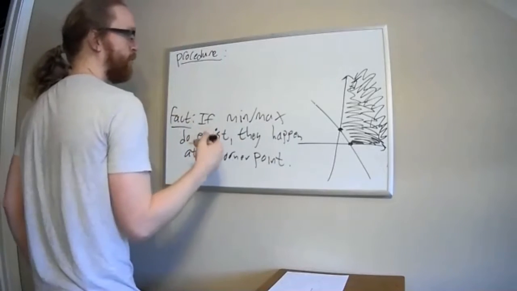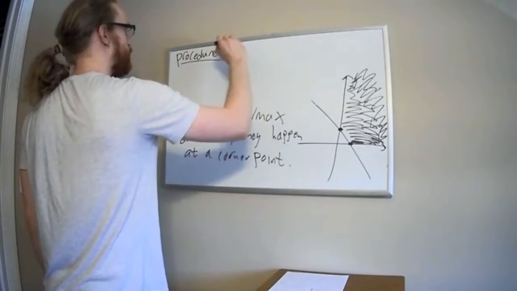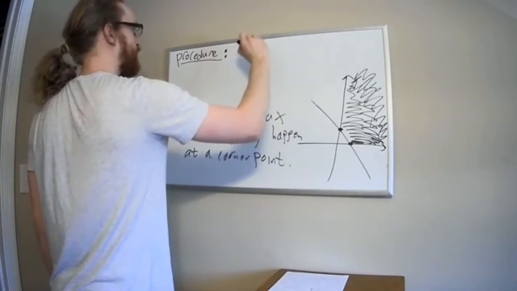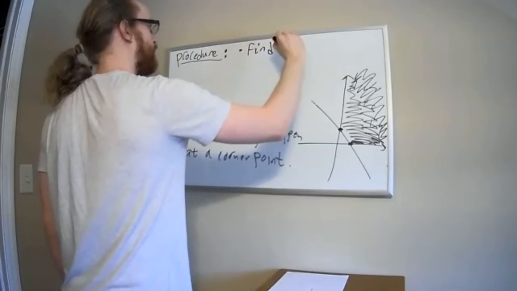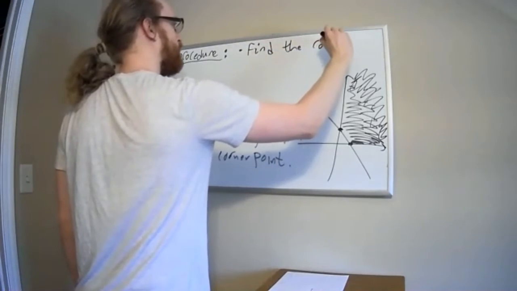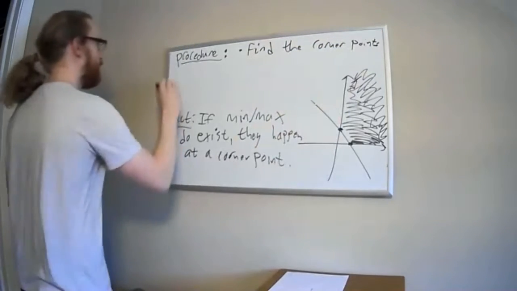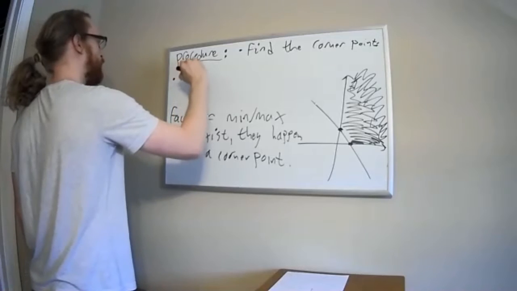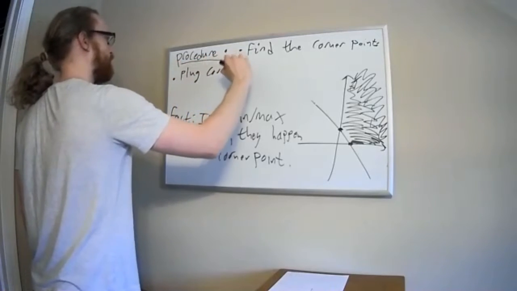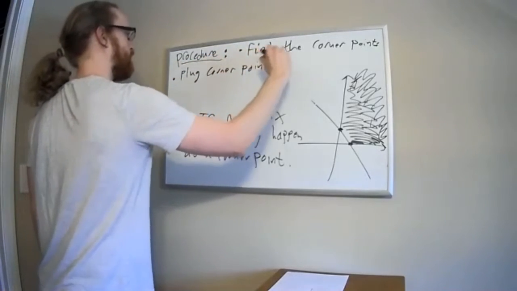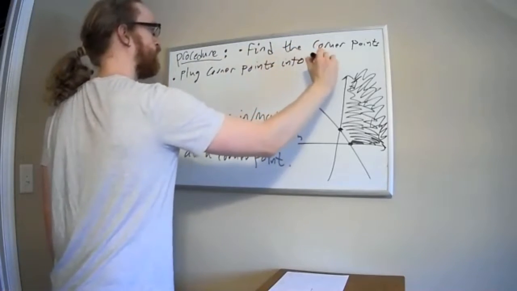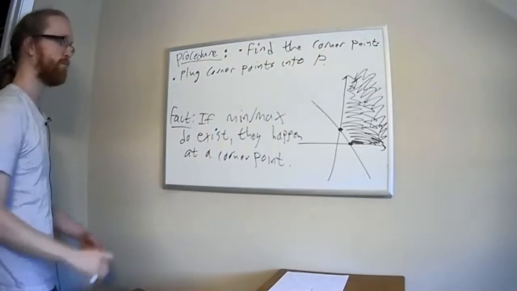No matter what, we still have to graph the constraints and then find the corner points. And I still need to plug the corner points into the function. So this part doesn't change from before. I still have to test it at the corner points.